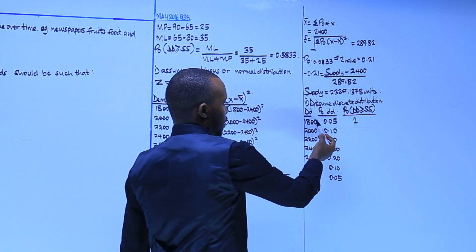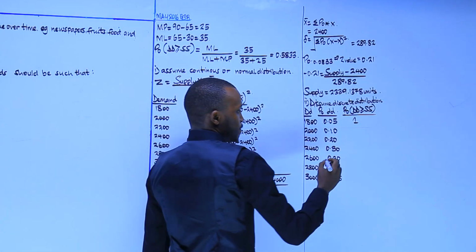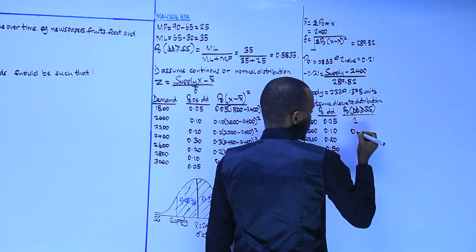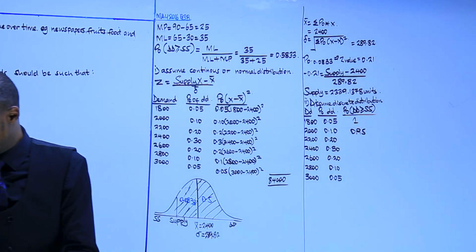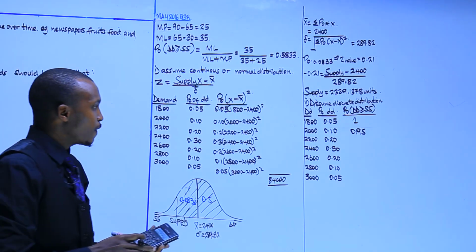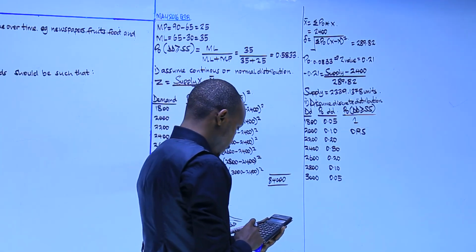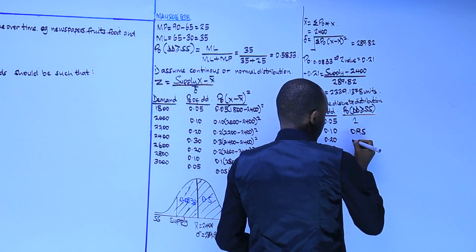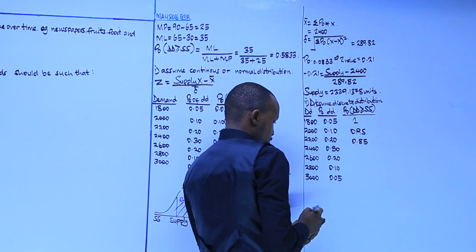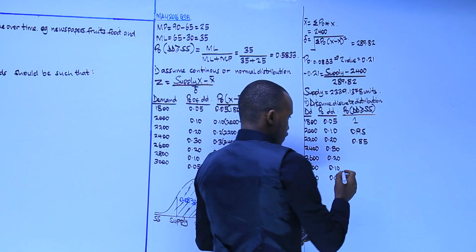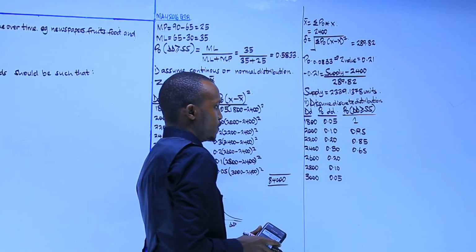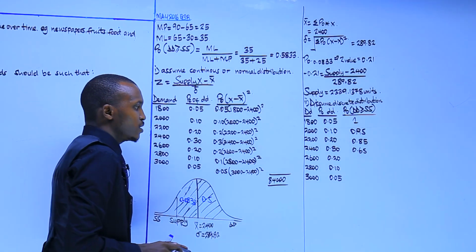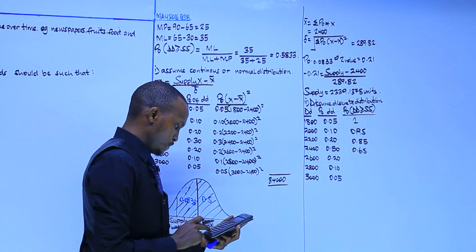But it is 1800 and all that is greater than that, and this will be 1 minus that, 0.95. Then 0.85, 0.65. For the demand to be more than 2400 is 0.65.